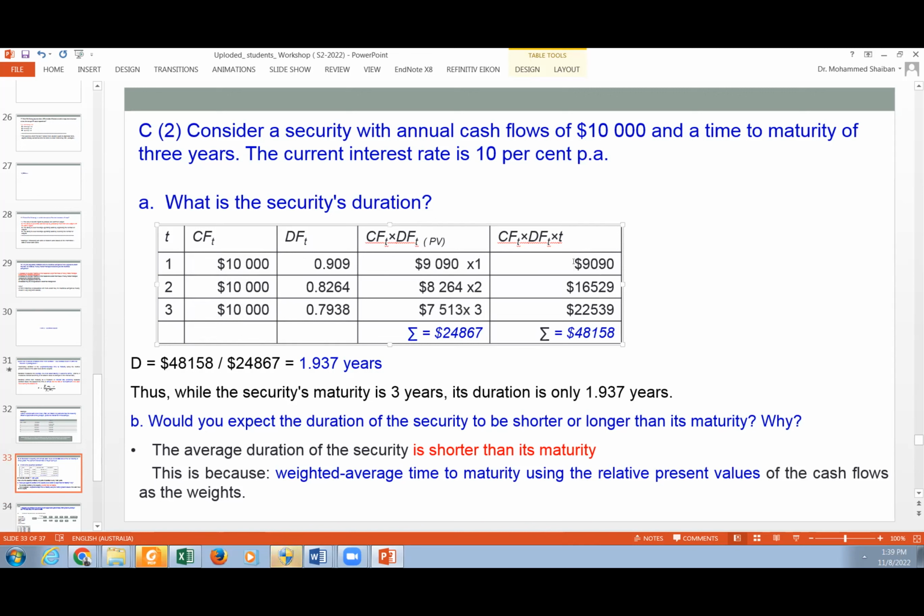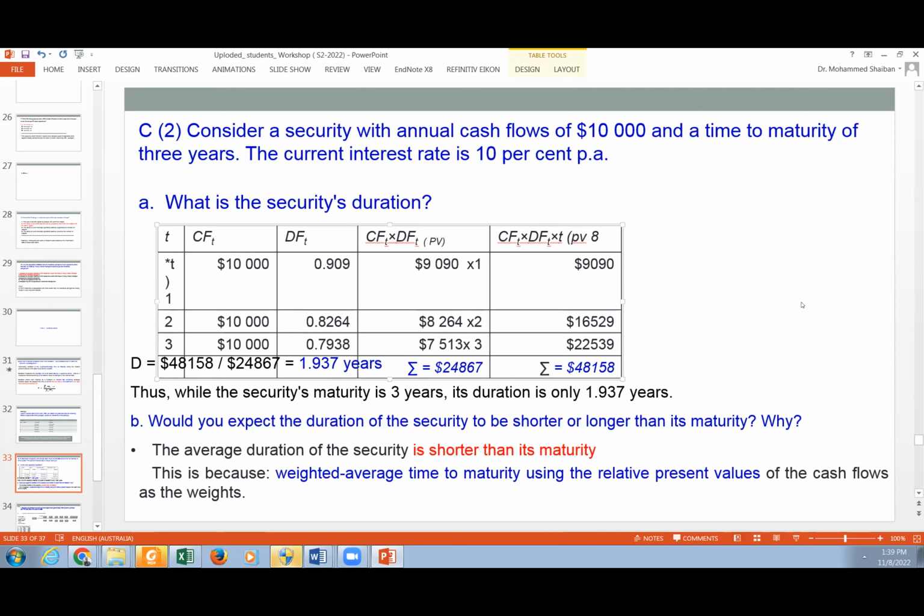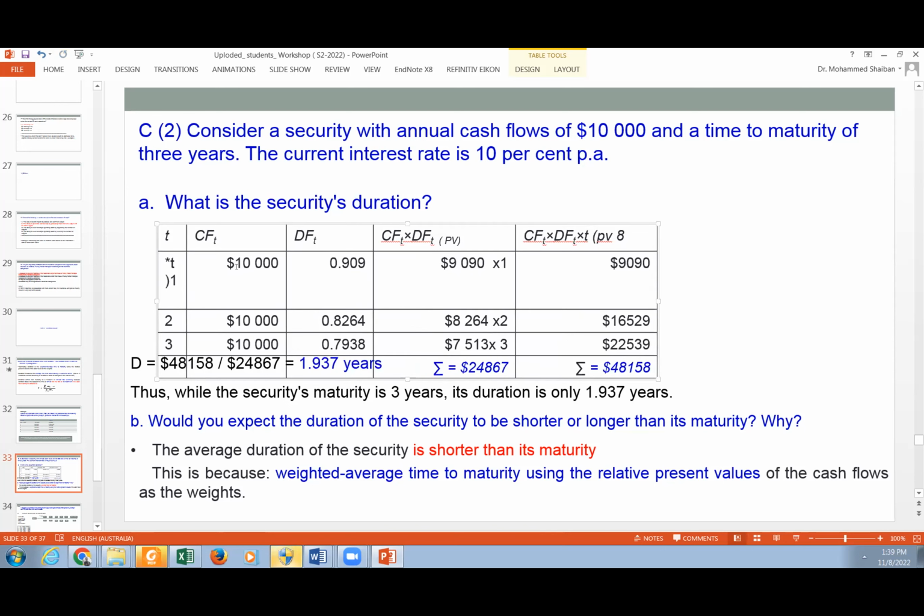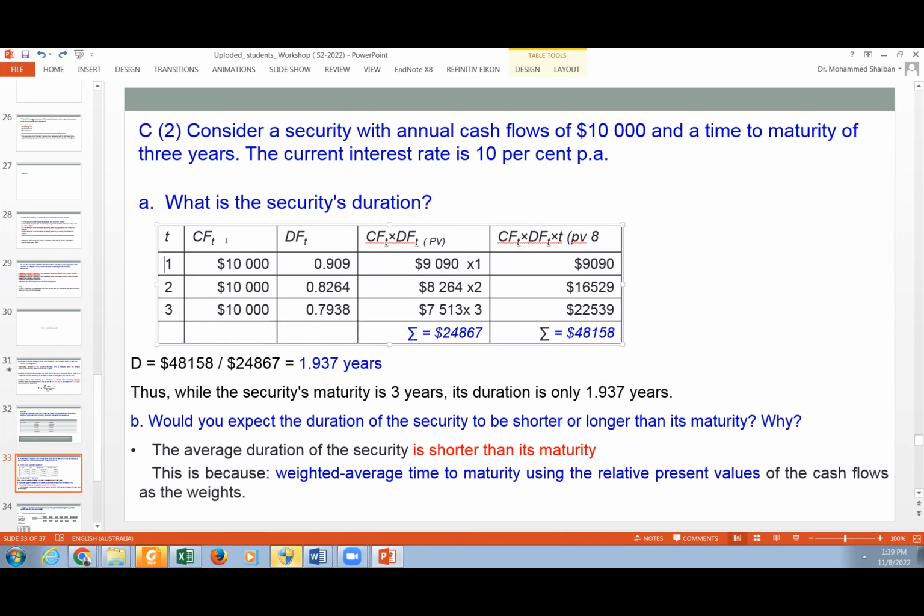Then I have to calculate this by time. So this is actually the present value times the time. Time means the years: 1 year, 2 years, 3 years.